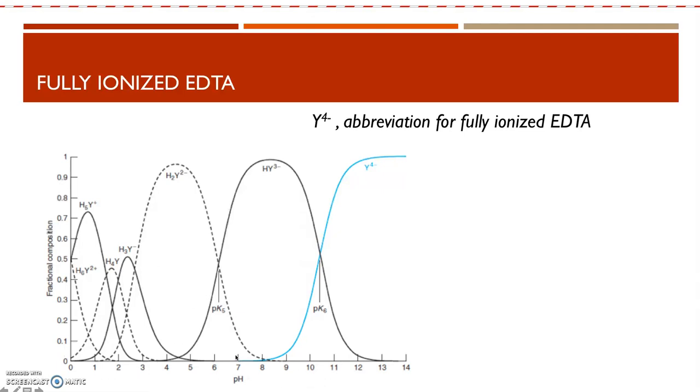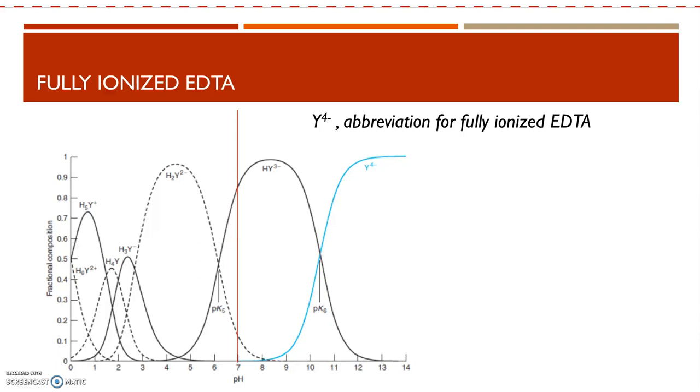If we think about being at pH 7, maybe we have a neutral water and we put EDTA in neutral water, you can see that most of my EDTA, about 80%, is in the HY3- form. So I've not completely ionized that EDTA.